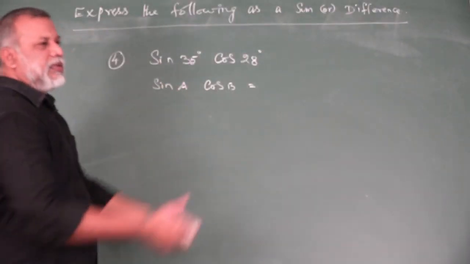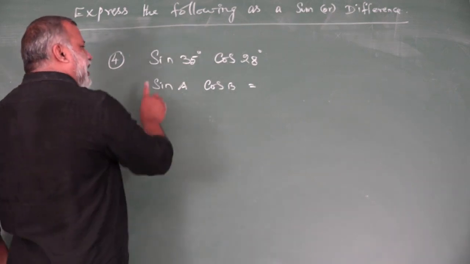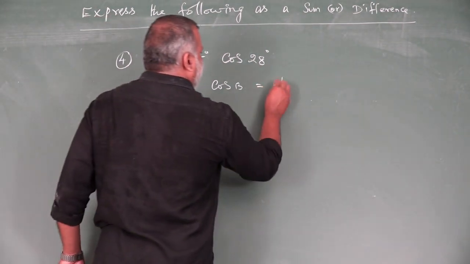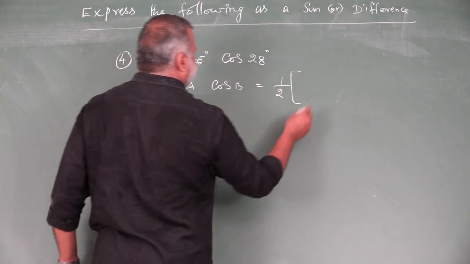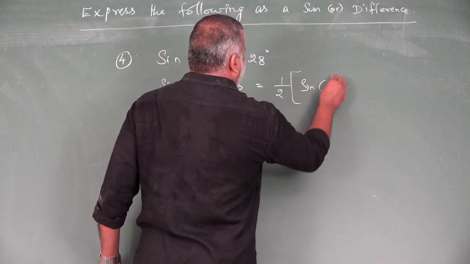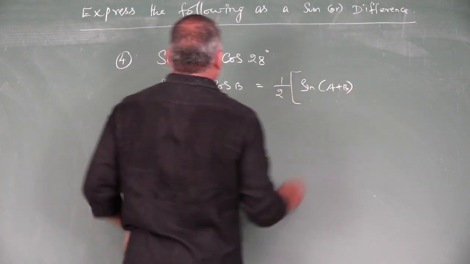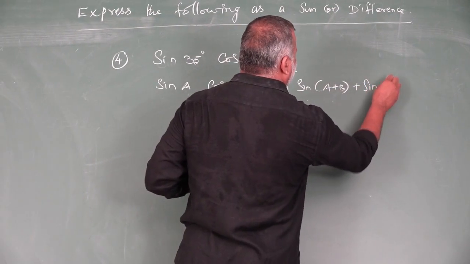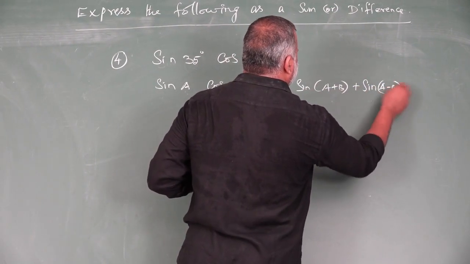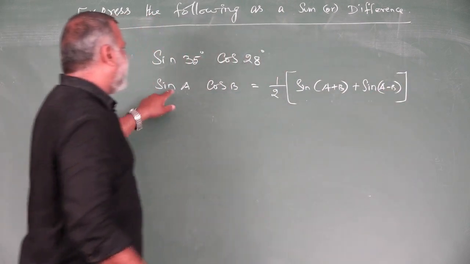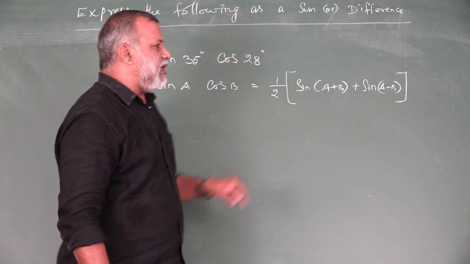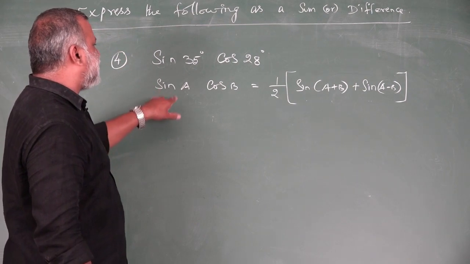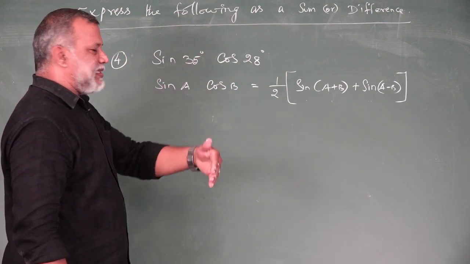Sine A cos B is equal to, hereafter directly apply the idea. Sine A cos B is equal to half into sine of A plus B plus sine of A minus B. This is the relation. That means you can get 2 sine A cos B in your result.